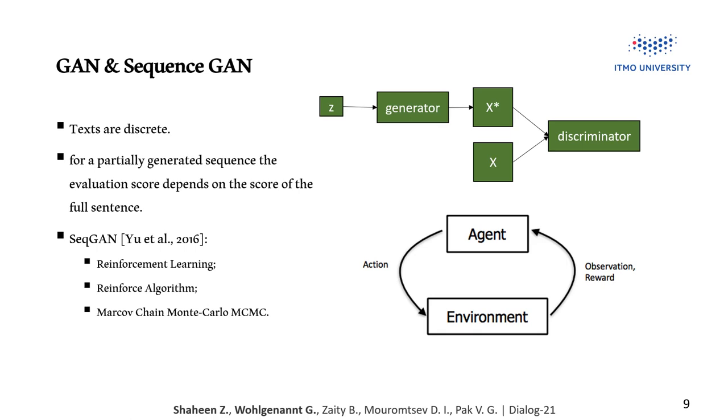They use the REINFORCE algorithm, so they treated the generator as an agent, and the action is the next token to be generated. To get a reward at a time step, they needed to generate the completion of the sentence, so they use Markov chain Monte Carlo to approximate the reward at this time step by generating several sentences.